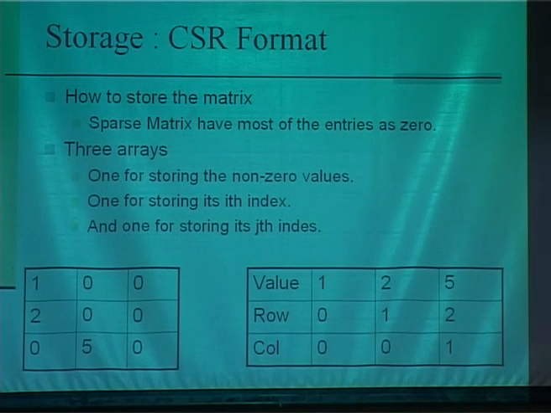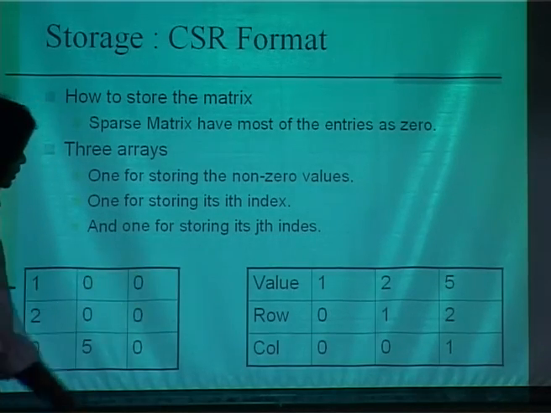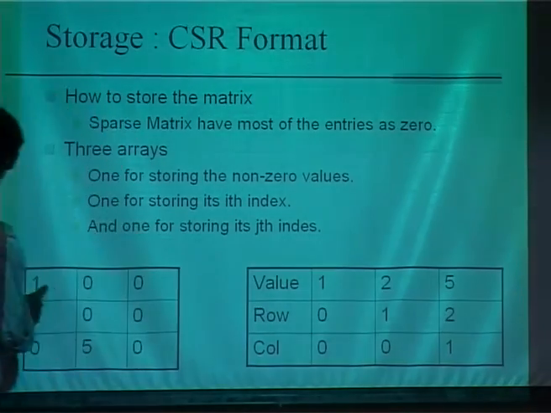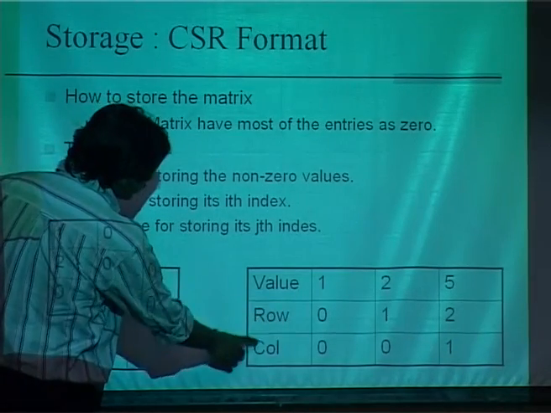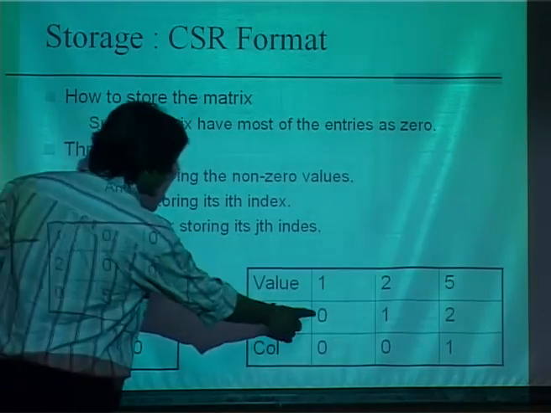Assume this is a matrix with some entries. How will these entries be stored in 3 arrays? The values array stores the actual values, and the row and column arrays store their indexes.